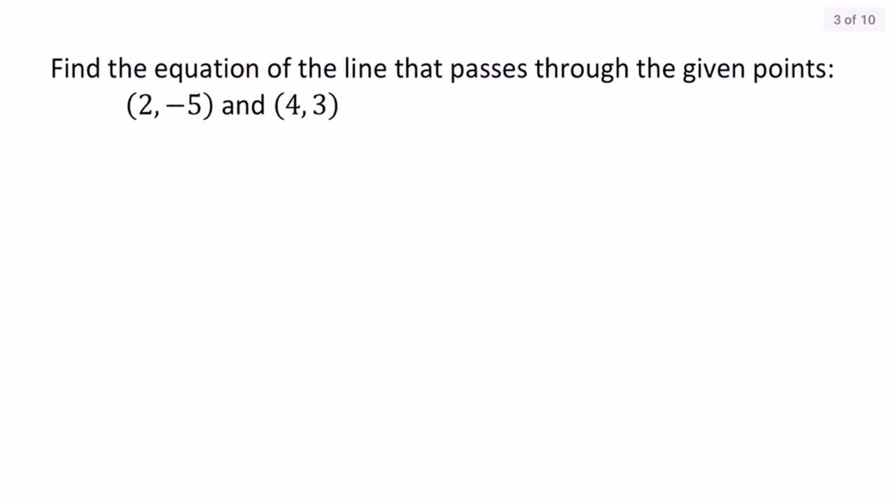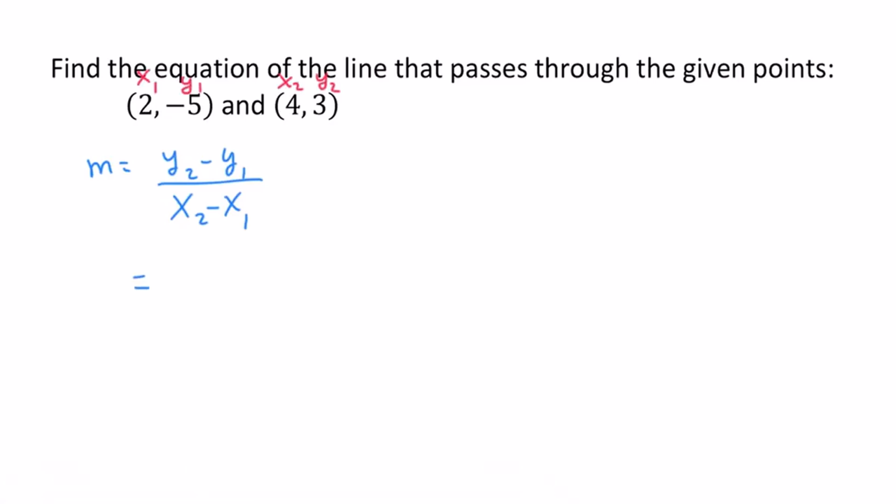Find the equation of the line that passes through the given points 2, -5 and 4, 3. Here we are not given the slope, so we need to go and find the slope first. So the slope is y2 minus y1 over x2 minus x1. Label our points. We have x1, y1, x2, y2, and plug it in.